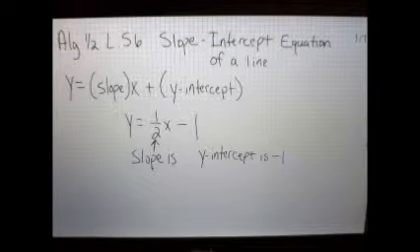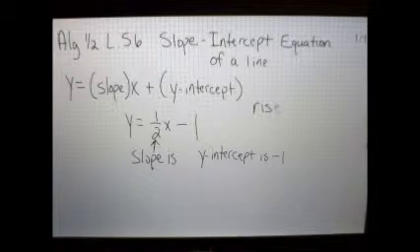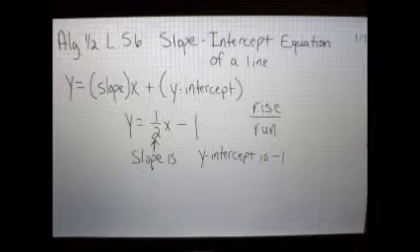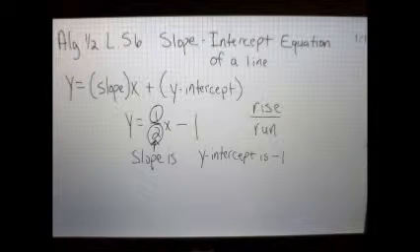The slope is 1/2. And if you remember, the word for that is the rise over the run always. So the rise is 1 and the run is 2. The next number is -1, which is the y-intercept.